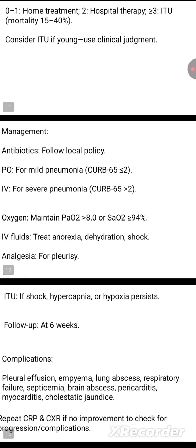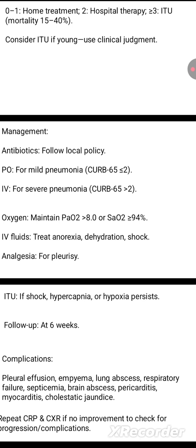Management: give antibiotics. Local policy is that for mild pneumonia, the CURB-65 is always less than 2, while for severe, it's greater than 2. Oxygen: if saturation is greater than or equal to 94, just maintain the oxygen level. If it's less than 94%, place the patient on oxygen.